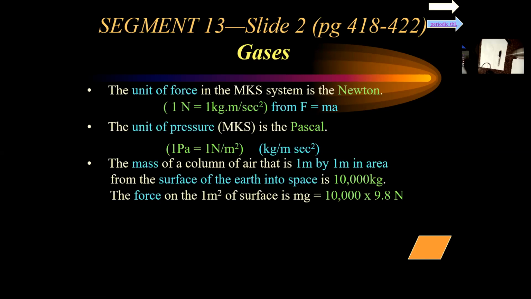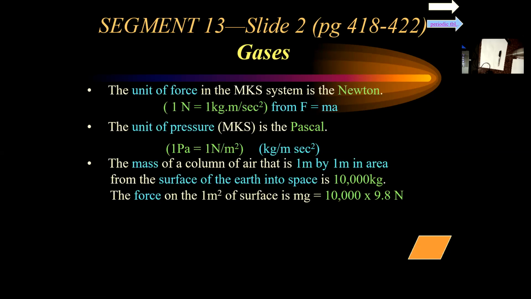And it's determined by how much that atmosphere weighs. Well, this is the weird thing. If you took a 1 square meter area, 1 meter wide by 1 meter long, and added up all the mass of the air that's sitting on top of that area, it's almost exactly 10,000 kilograms. That is so amazing to me when you just think about it.